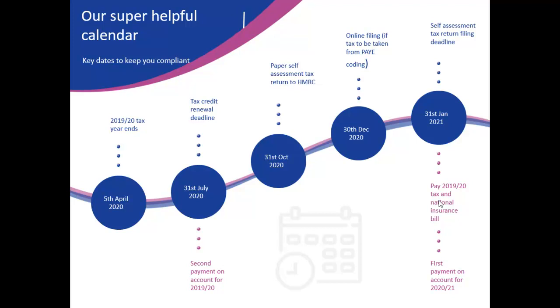If you do not pay your Class 2 national insurance by that date, HMRC will remove it from your tax return, and you will not have collected one year of payments for your state pension and benefits. So that bit at least must be paid by the 31st of January.